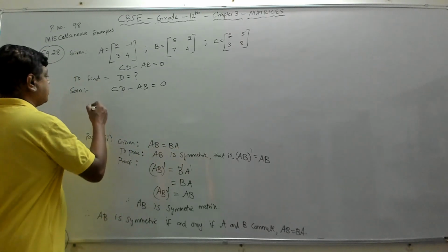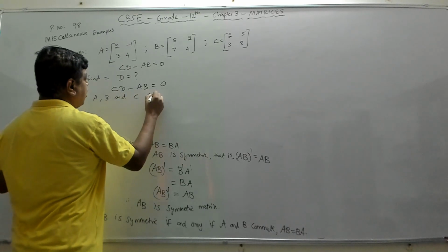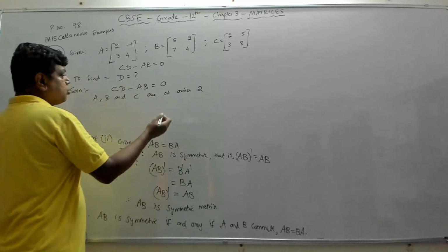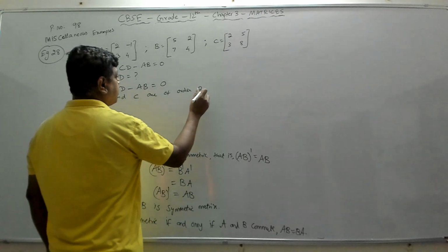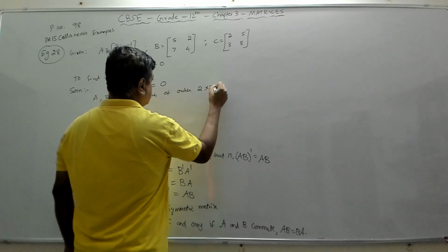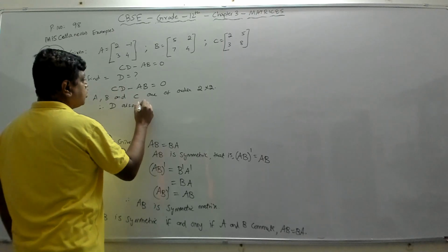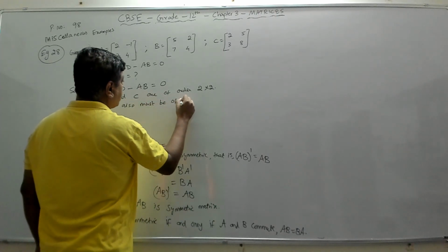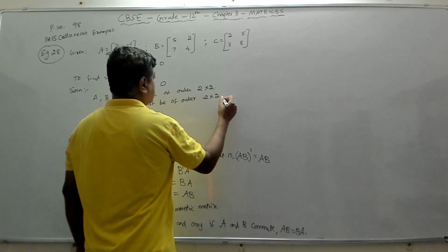So we'll say A, B and C are of order 2, meaning 2 cross 2, because they are square matrices.